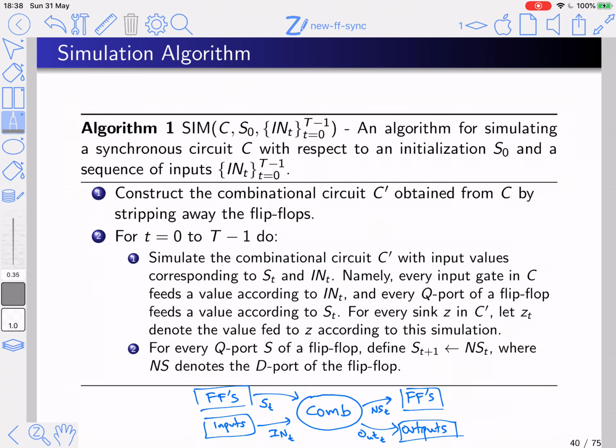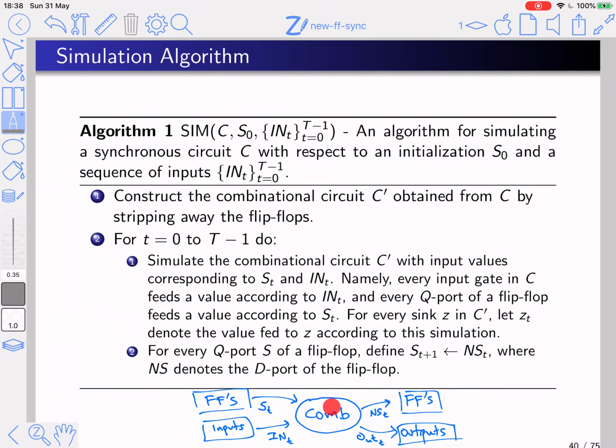I know what it outputs because of the simulation algorithm for combinational circuits. These outputs feed the flip-flops and the output gates. The inputs of the flip-flops become the outputs of the flip-flops in the next clock cycle, and therefore I can increment t and perform the simulation in clock cycle t plus 1.